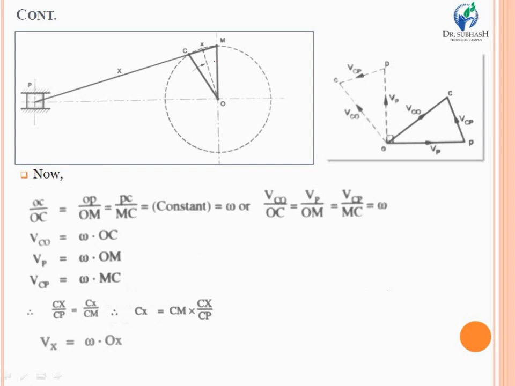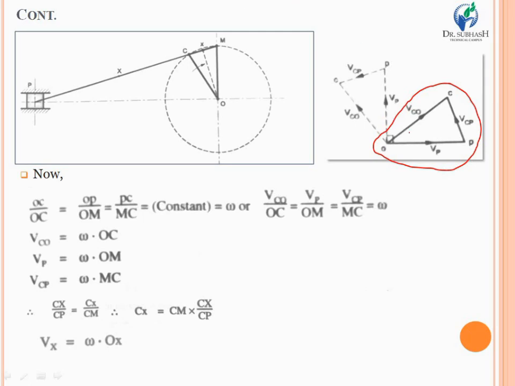So you can understand that it's very easy to draw a velocity diagram by using the Klein construction method. Now look at the right hand side figure that you have been given. Actually it is a velocity triangle which is drawn by using the relative velocity and relative acceleration method. Now you have to compare both of the triangles.